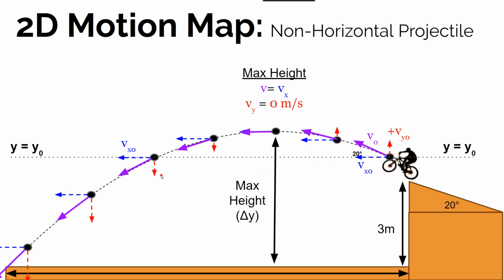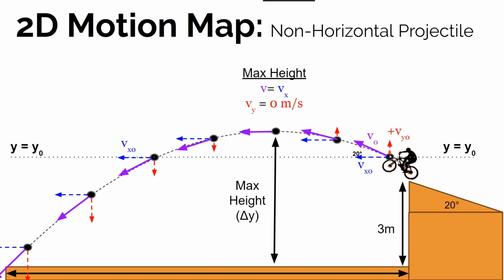But what's true of the vertical component of the velocity when it reaches the same height? So remember, think about the vertical part of the velocity just like either a dropped object or an object, in this case, thrown upward. If you were to throw, let's say, a tennis ball up at 5 meters per second, positive 5 meters per second, it's going to go up, gravity's going to slow it down, and then gravity's going to speed it up.